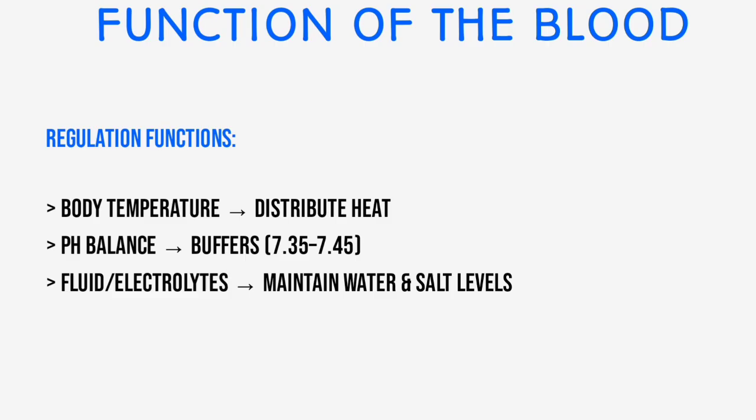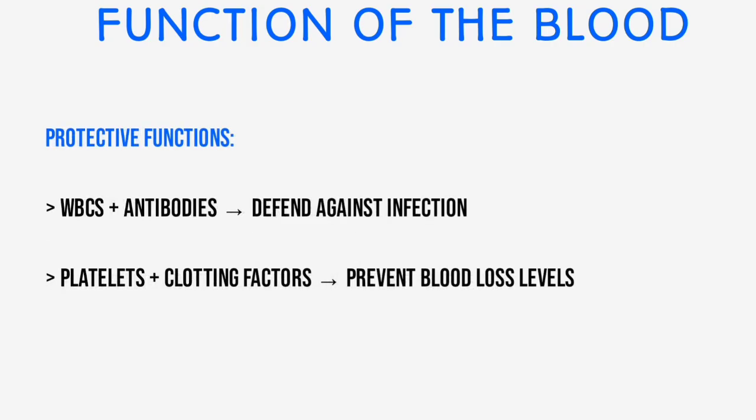And then fluid and electrolyte balance by maintaining proper water and salt levels in tissues. Now, these regulations are crucial for maintaining homeostasis, or the stable environment needed for cells to function properly in the body.